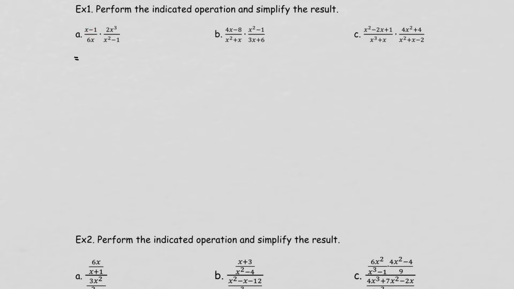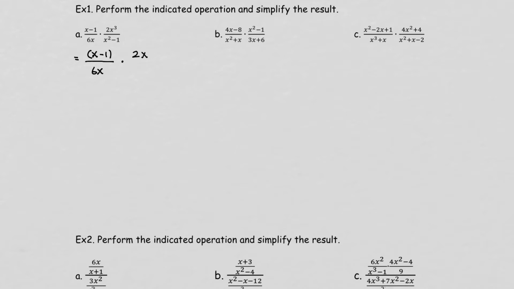Numerator, you cannot factor any further, so you're going to see that whole thing as one factor. Denominator, you cannot factor any further, but it is 6 times x, so you have to factor on that one. Now let's see if we can factor the second fraction.